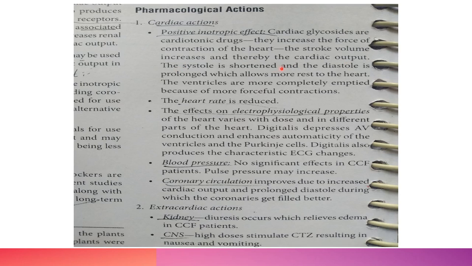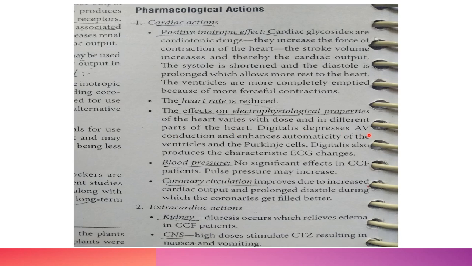The systole is shortened and the diastole is prolonged, which allows more rest to the heart. The ventricles are more completely emptied because of more forceful contraction. The heart rate is reduced. And third, the effects on electrophysiological properties of the heart vary with dose and in different parts of the heart.